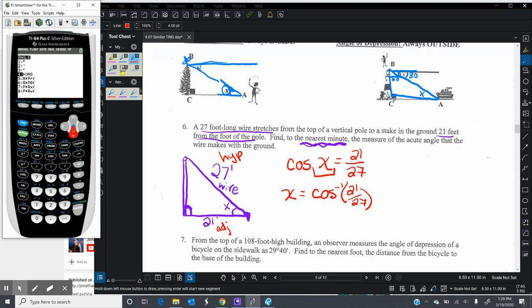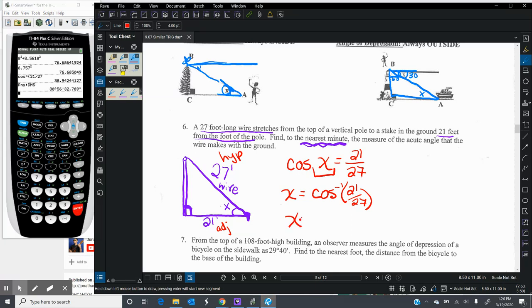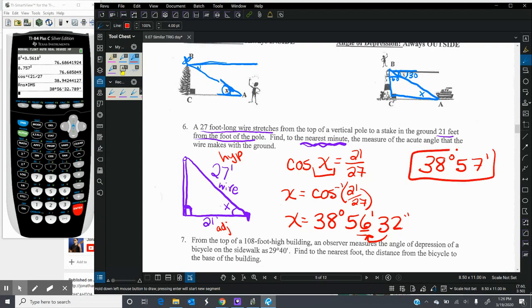I've been hitting number 4, and it jumps me there a little bit faster. And enter. And this X is 38 degrees, 56 minutes, and 32 seconds. So here, again, that 32 is going to bump us up by 1 minute. So our final answer is going to be 38 degrees, 57 minutes.